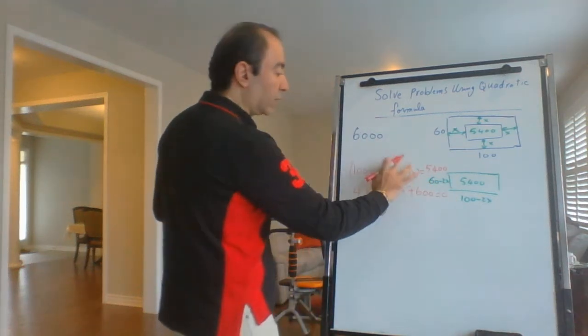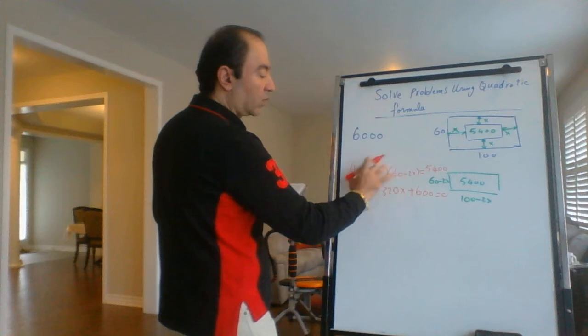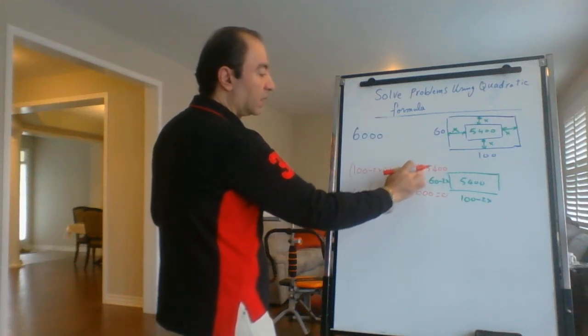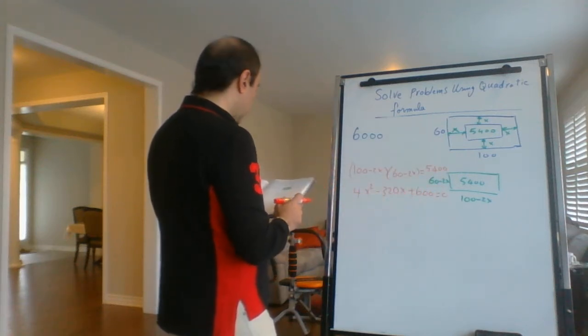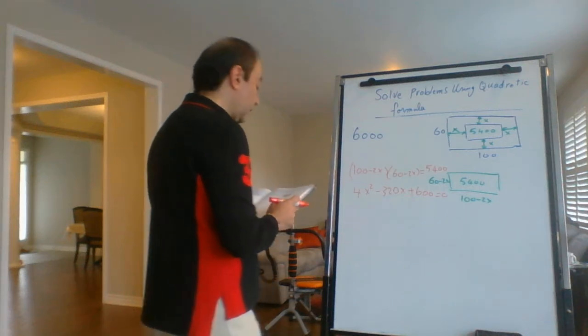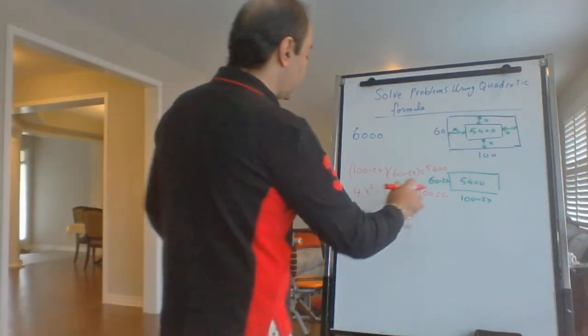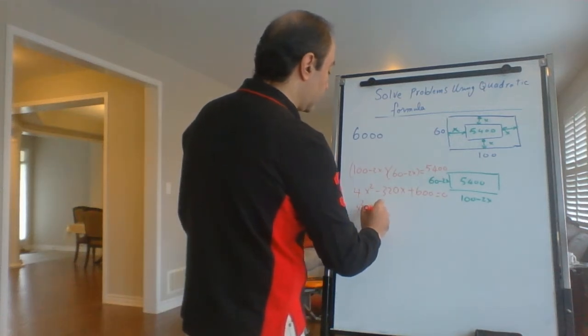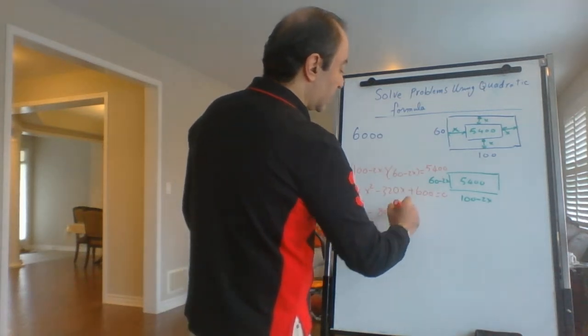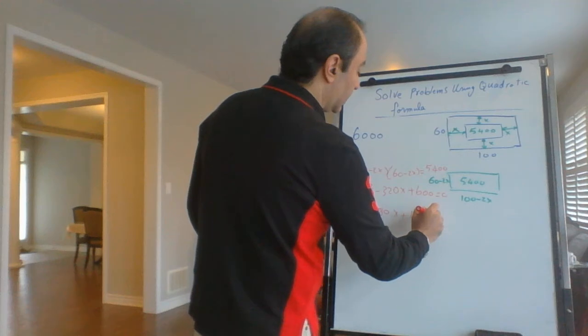So if you FOIL this, combine like terms, and send the 5,400 inside here, that's what you're going to get. Okay? Now this is a quadratic equation. I can divide everything by 4, so x squared minus 80x plus 150 equals 0.